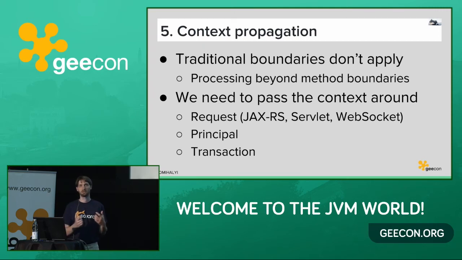Some things are propagated automatically or intuitively. For example, if you have an asynchronous response object with the asynchronous JAX-RS API, you process a request, but instead of processing it in one method, you define the method as asynchronous.